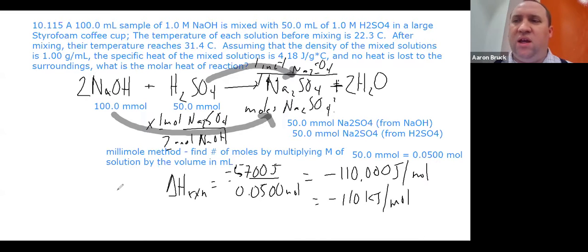If you don't, just keep in mind that you're going to have to multiply whatever number you get by the coefficient to get the correct value for the molar heat, because the molar heat is always going to be per mole of product, not per 2 moles of product, not per 4 moles of product, but per mole of product. And so if you have a product that already has a coefficient of 1, that's the easiest way to go. If you don't, then you'll have to do a little bit of manipulation.